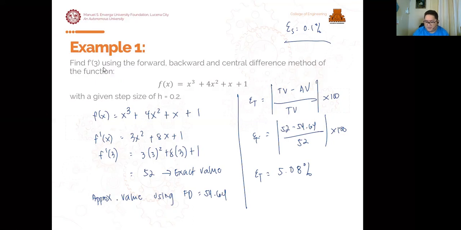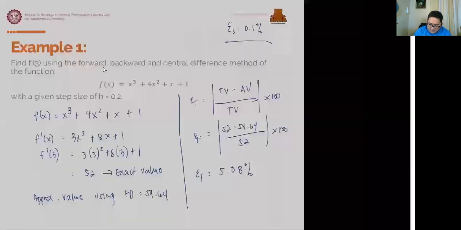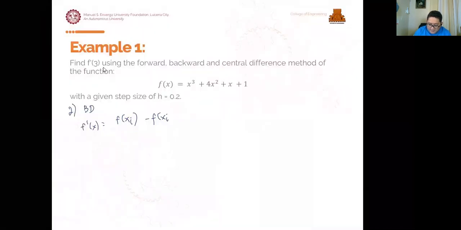Ngayon, kasunod nating method is yung backward difference method naman tayo. Sa backward difference method, ang formula natin for f prime x is equals to f of x sub i minus f of x sub i minus delta x all over delta x. Okay? Then again, yung x sub i natin is 3.